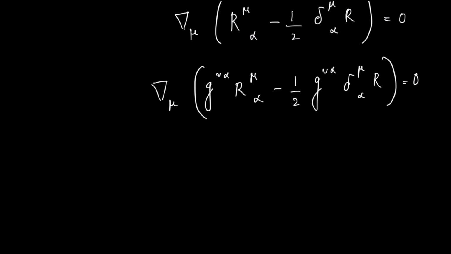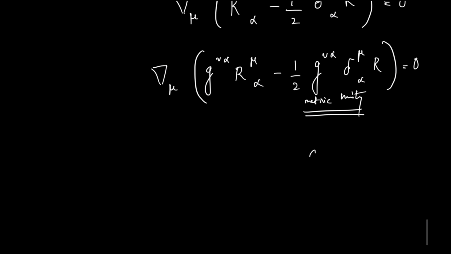So this is unity and I am multiplying the metric tensor with unity. So I should get the metric tensor itself, right? Mu alpha and alpha are summed over, so I'll get g nu mu, right?